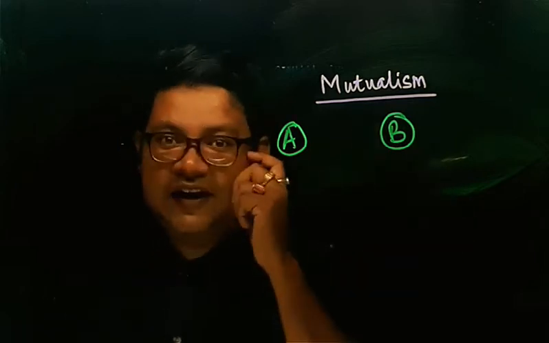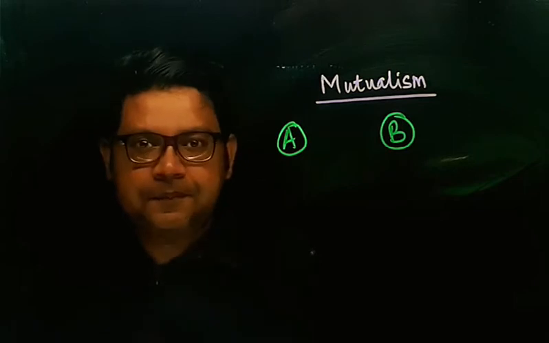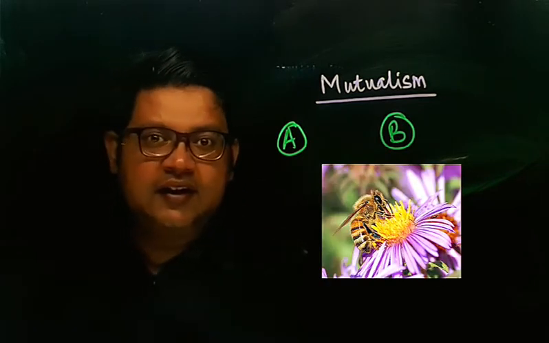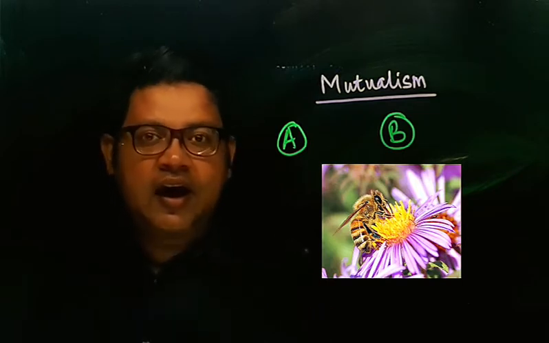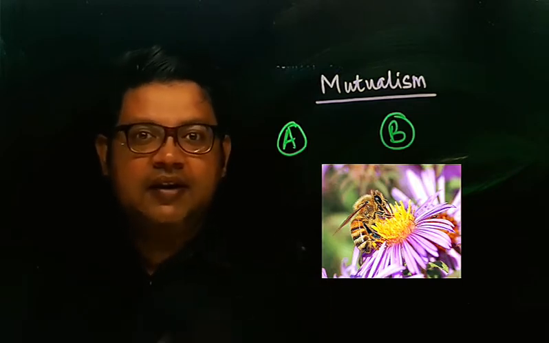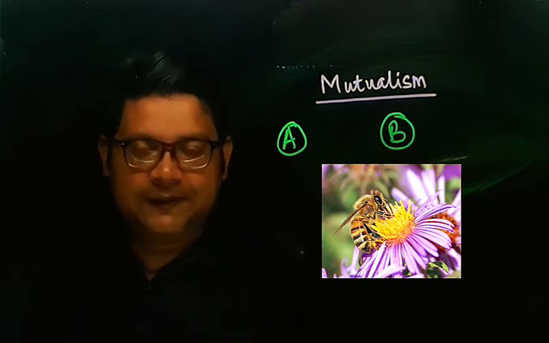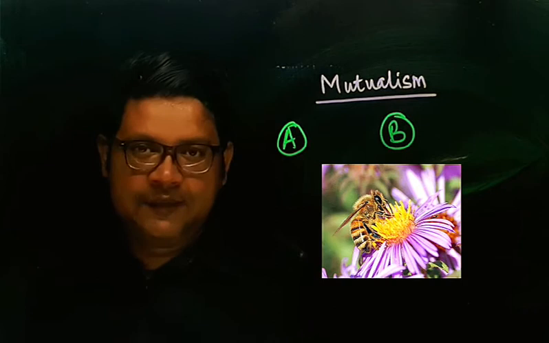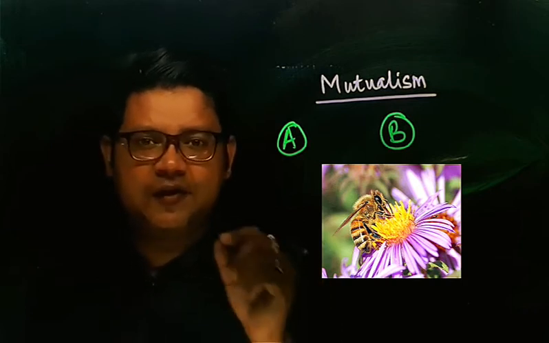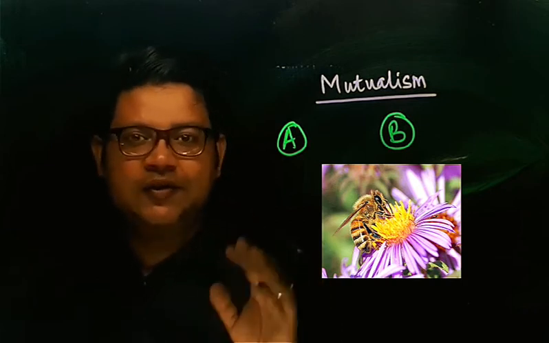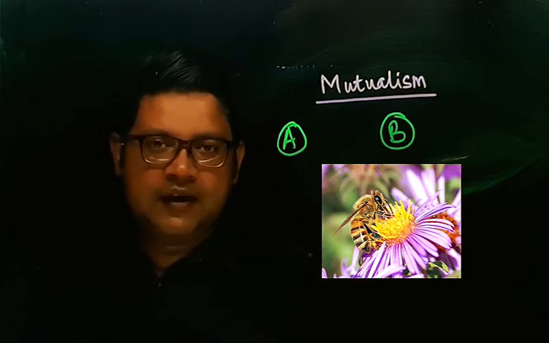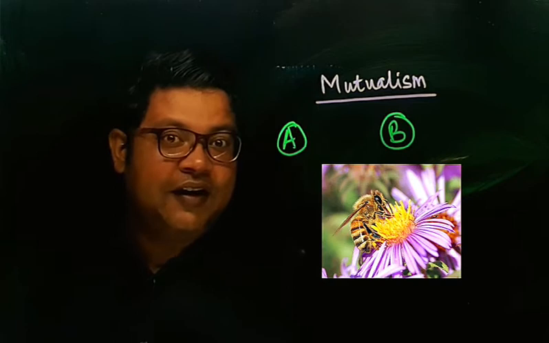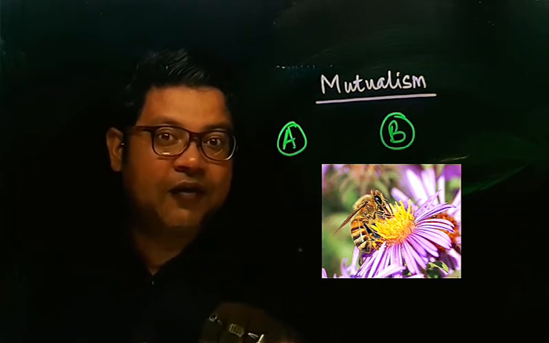Now, let me give an example so it will be clear. Look at this picture. You can see there is a flower and a bee is feeding on it. Obviously, the bee is feeding on the nectar, so it is beneficial for the bee. How is it beneficial for the flower?